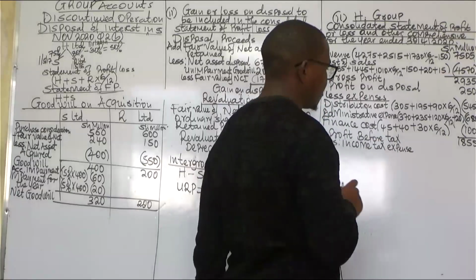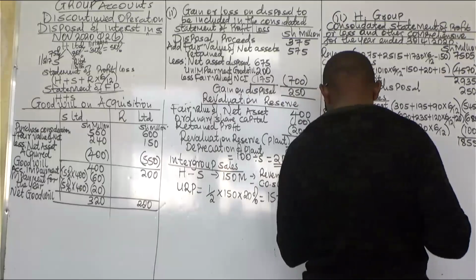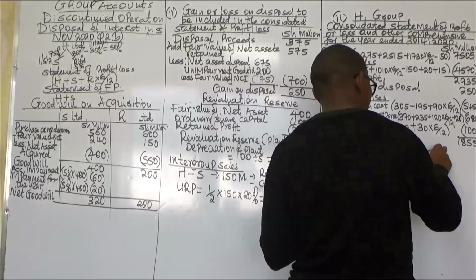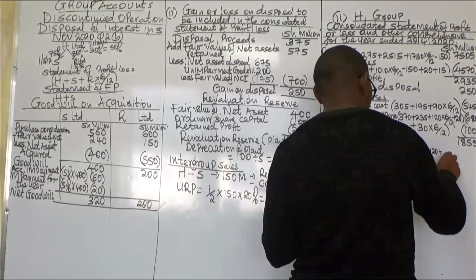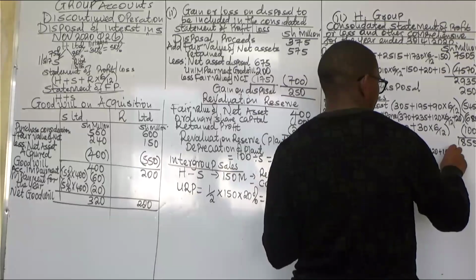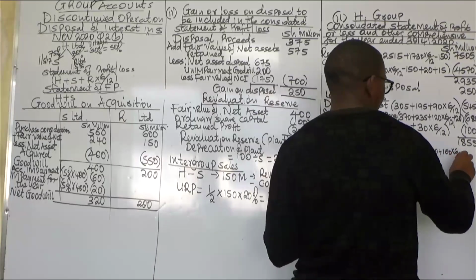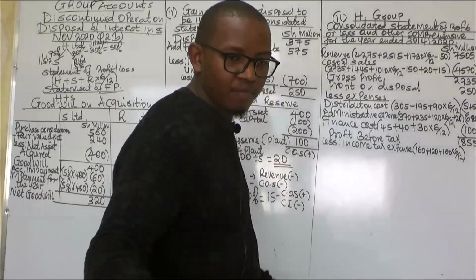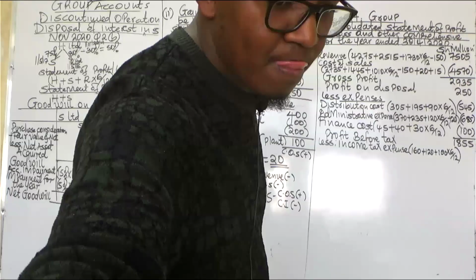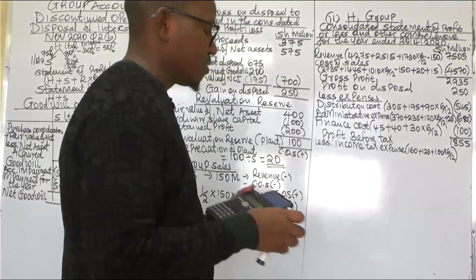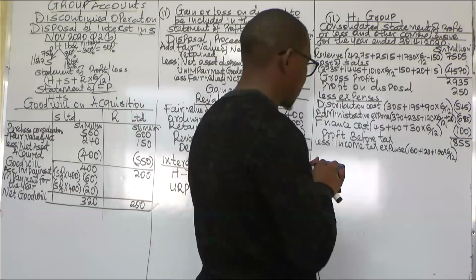The income tax expense. So this was a 161.20. 120 plus 100. 6/12. To give you how much?